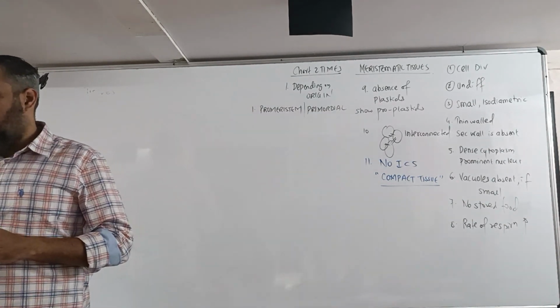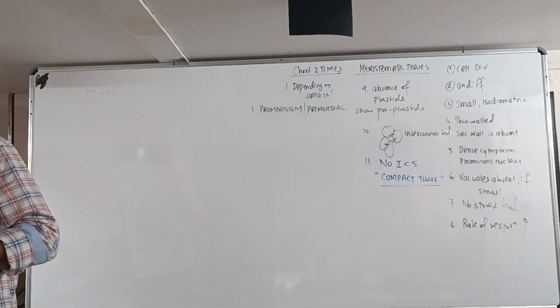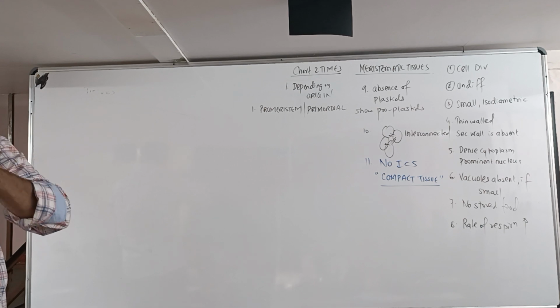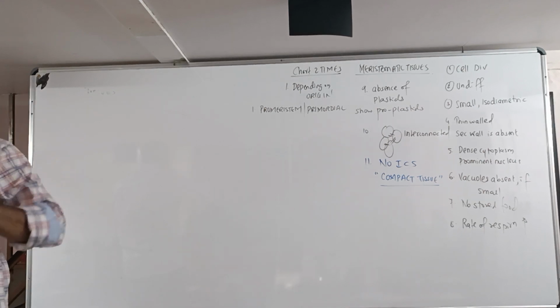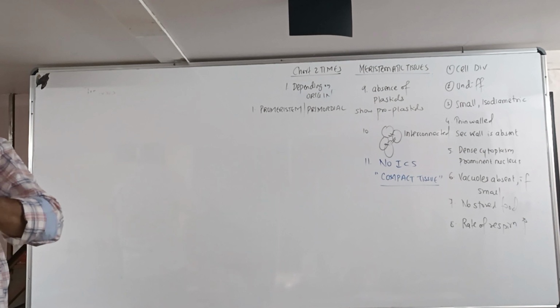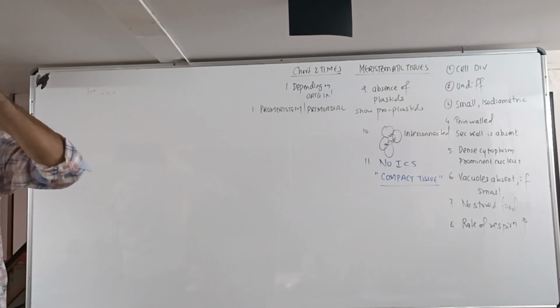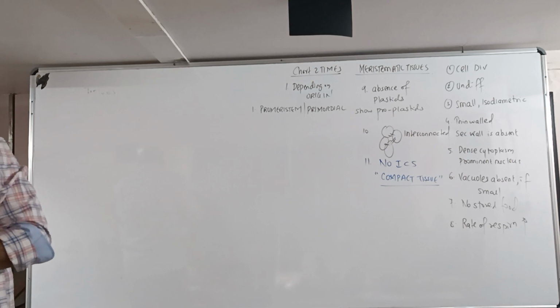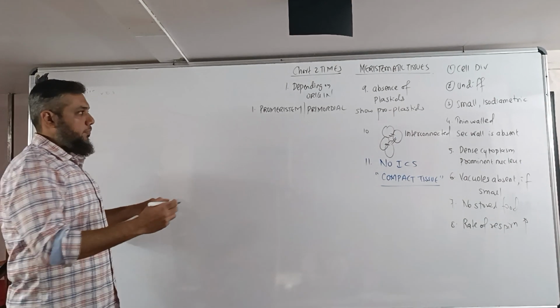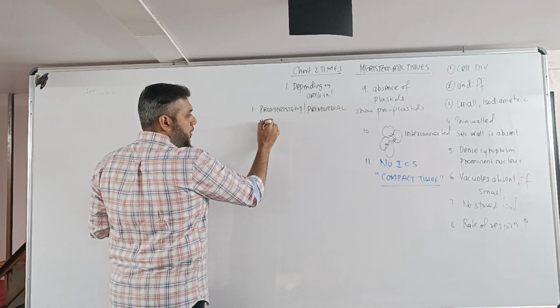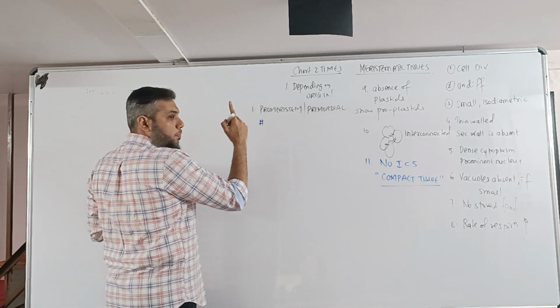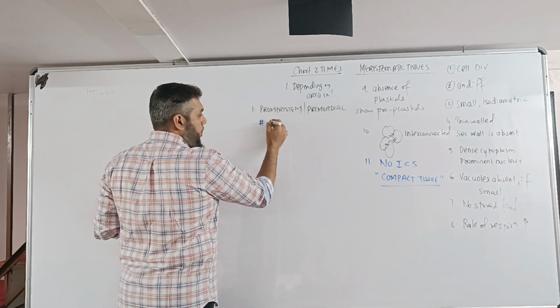Primordial means earliest or oldest, very old, like dad jokes. So primordial meristem is considered to be which meristem? The earliest meristem, meaning the oldest meristem.